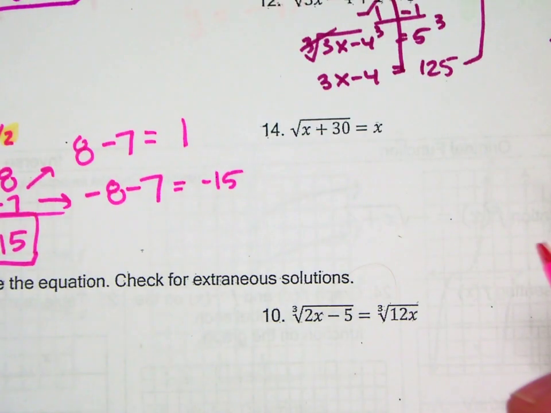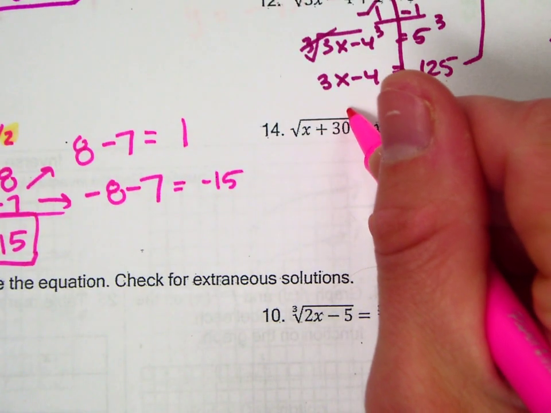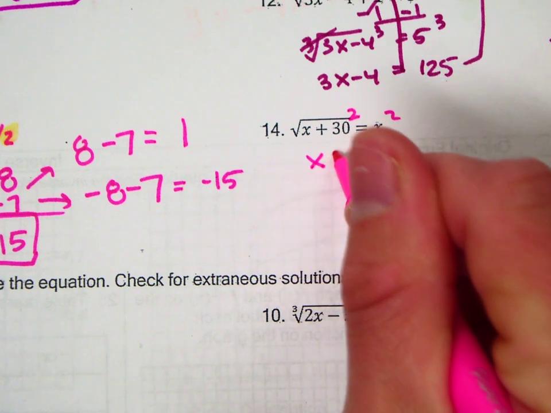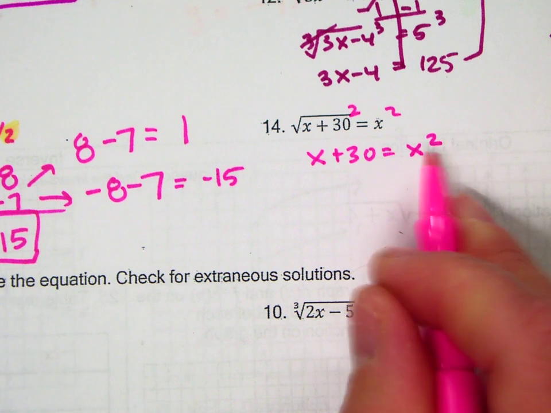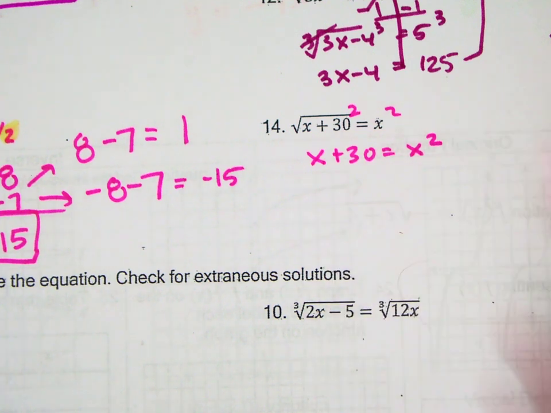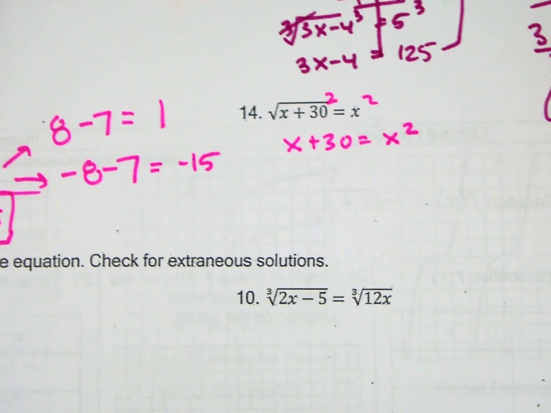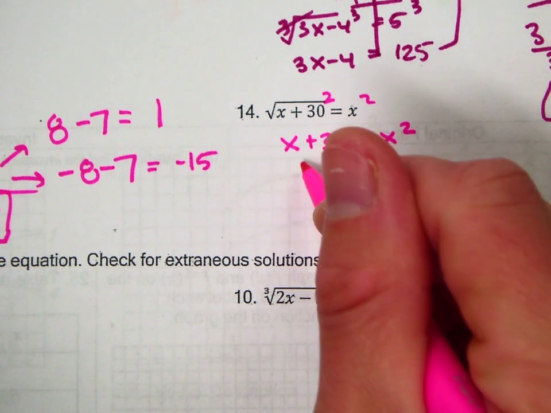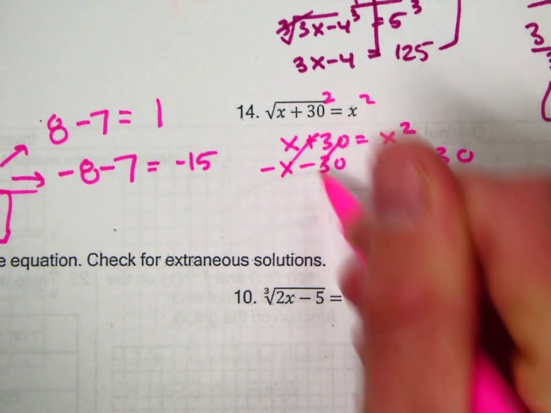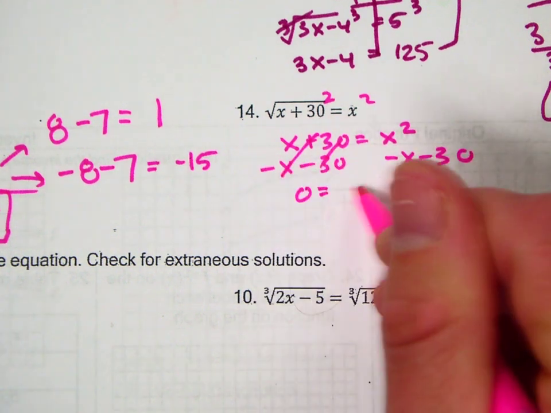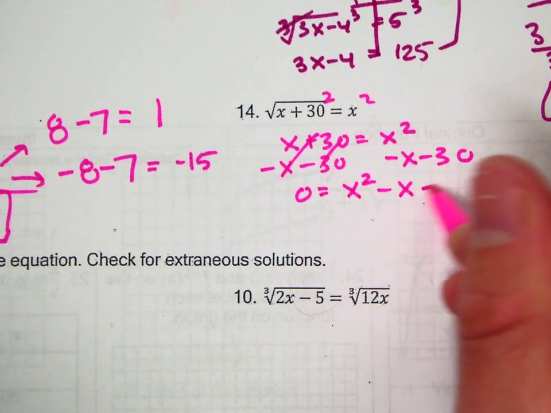All right, then last one, we're going to square both sides. Now, because this is a squared, we're going to move everything to one side. Now, minus x minus 30, minus x minus 30. Or maybe it would be easier to minus the x squared.